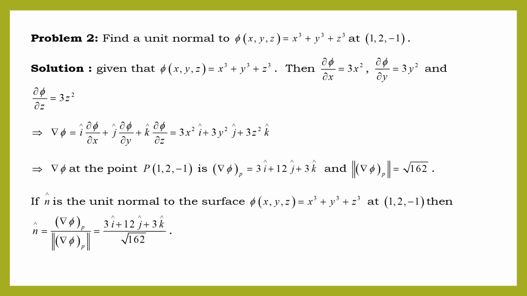Then the unit normal n cap equals del phi divided by norm del phi at this point, which equals 3i cap plus 12j cap plus 3k cap upon square root of 162. This is the unit normal of the given surface at the given point. Thus, we can find unit normals of given surfaces by using the gradient. This is one of the applications of the gradient.